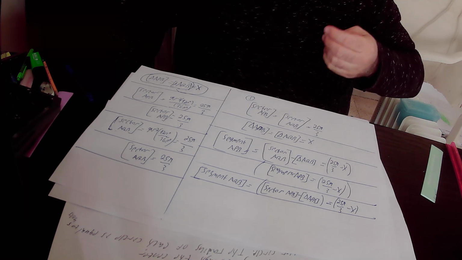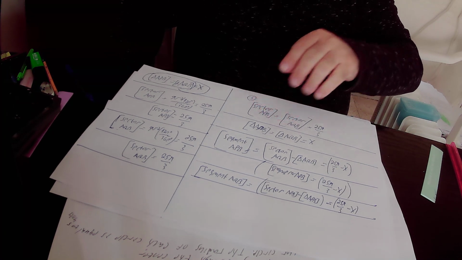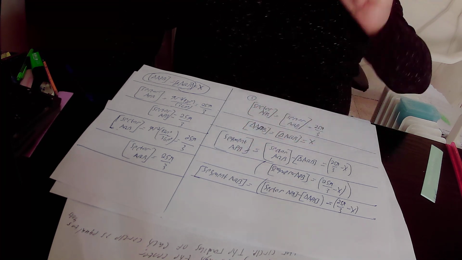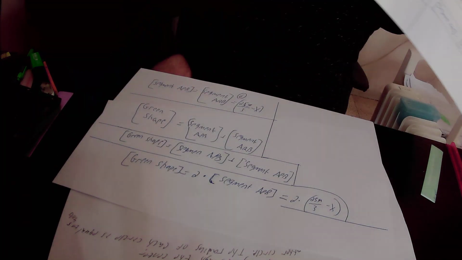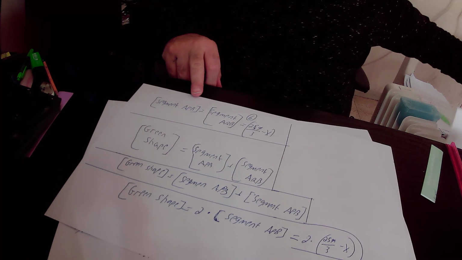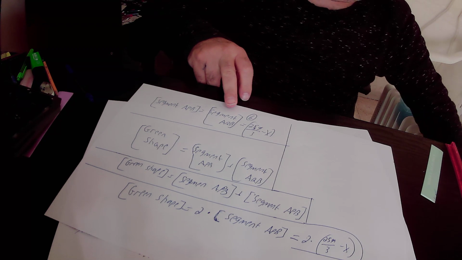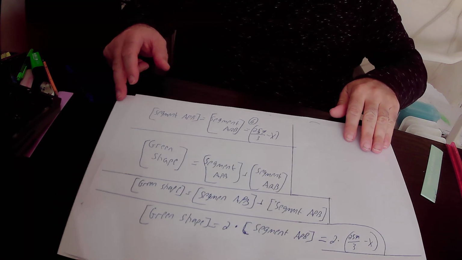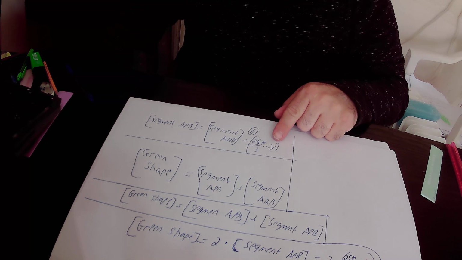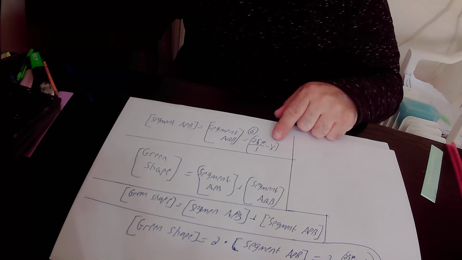Therefore, we can conclude that the area of segment APB is equal to the area of segment AQB, and both areas are equal to 25 pi over 3 minus x square units.